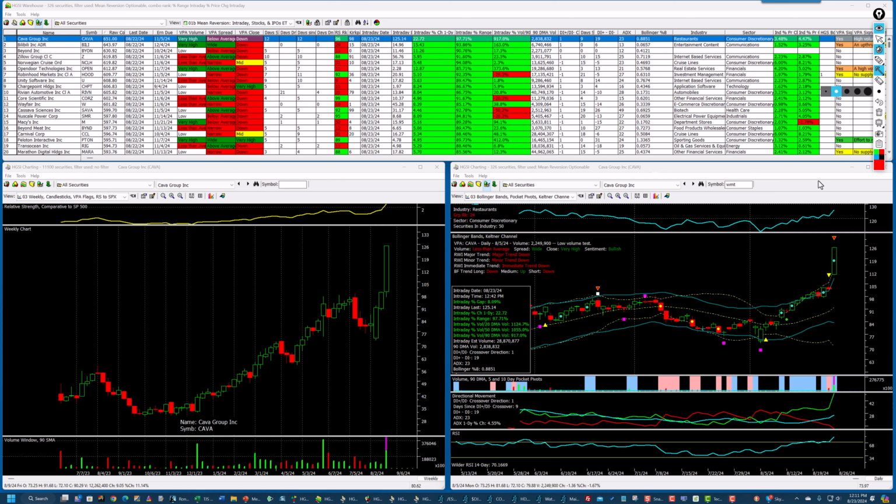Now, if you look up here, let me bring an arrow up. This is the industry group, and you can see that this group was going down, and then when this stock got outside the bands and started moving up, notice that the entire restaurant group started moving up too.